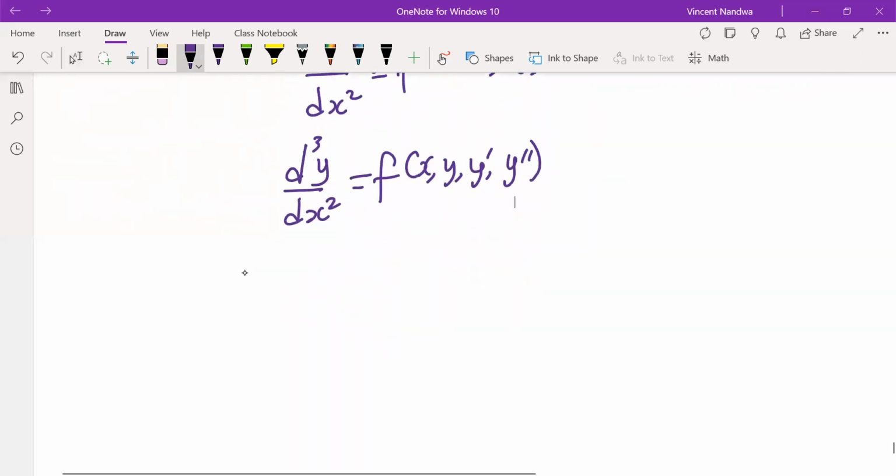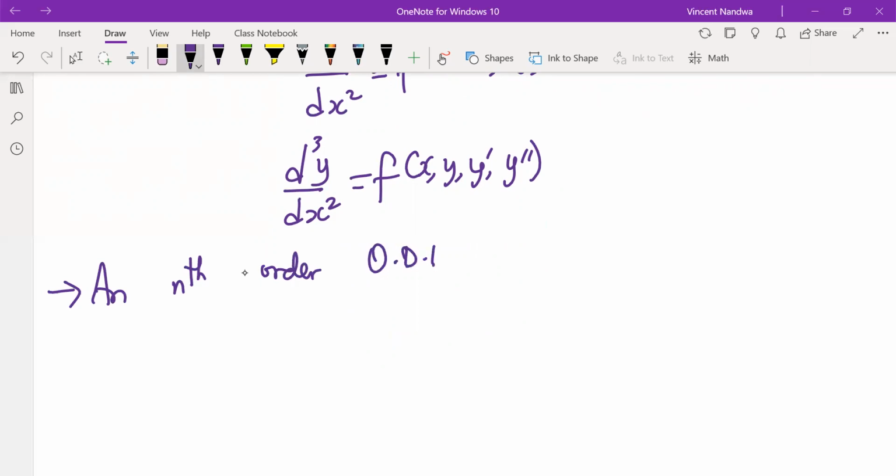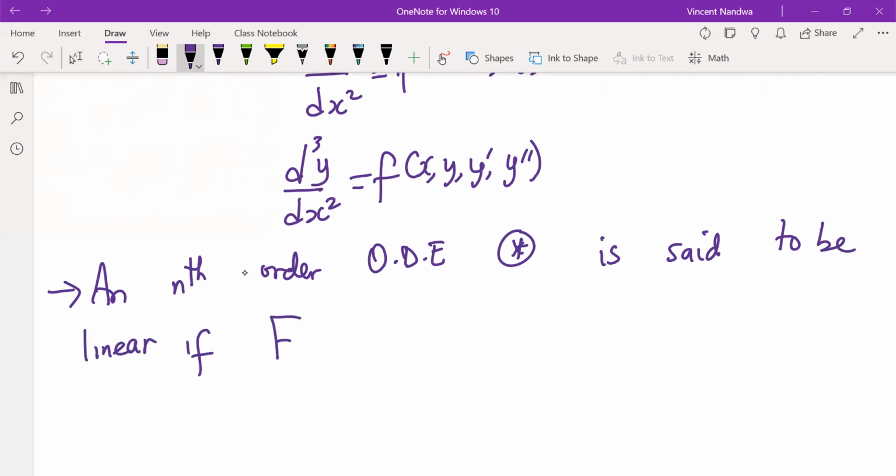Now, back to the classification on linearity, we say an nth order ordinary differential equation star is said to be linear if capital F is linear in y, y prime, y double prime, all the way up to the nth derivative of y.